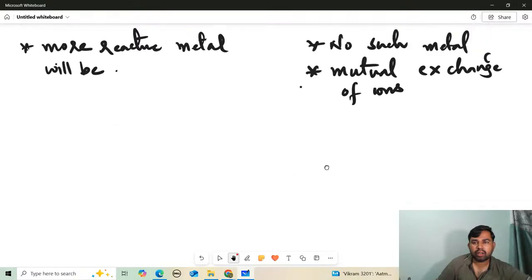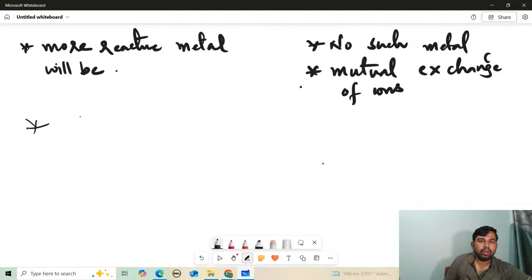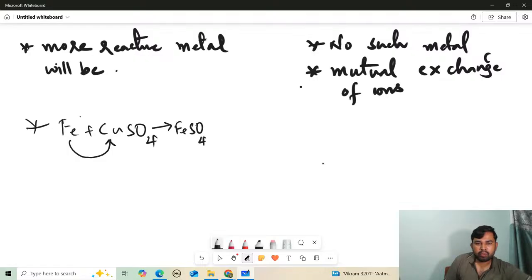You can see here, suppose we are taking Fe plus CuSO4. Fe should be more reactive than copper, and then only FeSO4 plus copper will form, right?